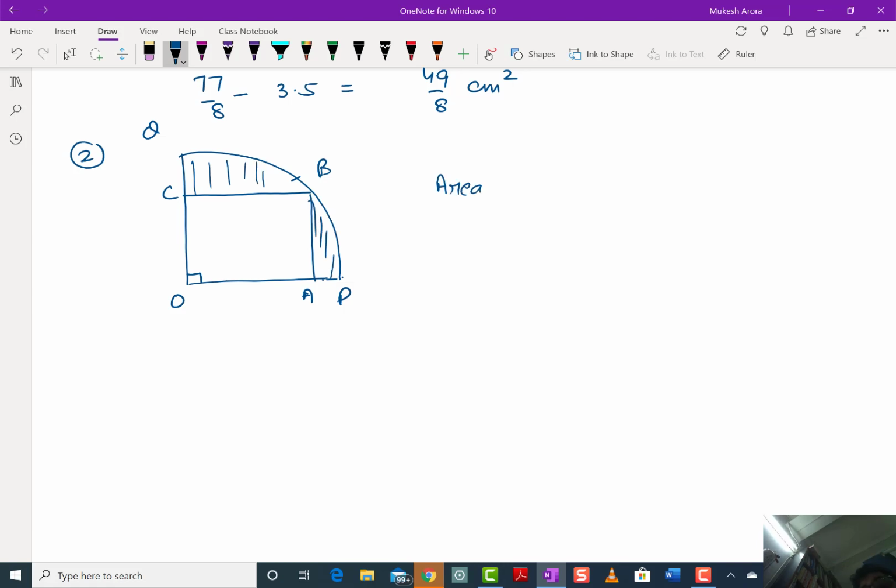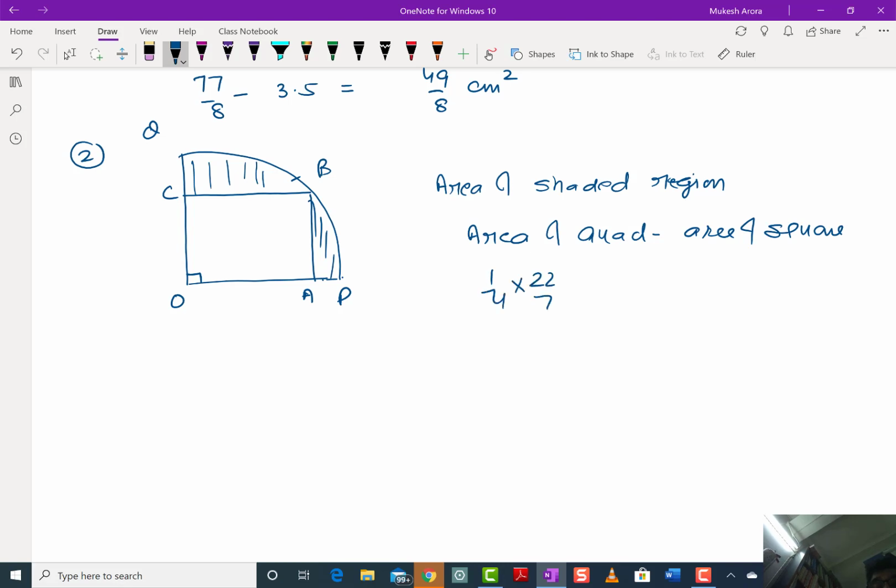Area of the shaded region will be area of quadrant minus area of square. Area of quadrant is 1 by 4 pi r square. It is given this is 20, this also will be 20, so the diagonal will be 20 root 2.